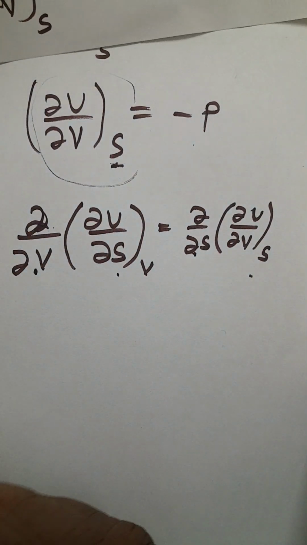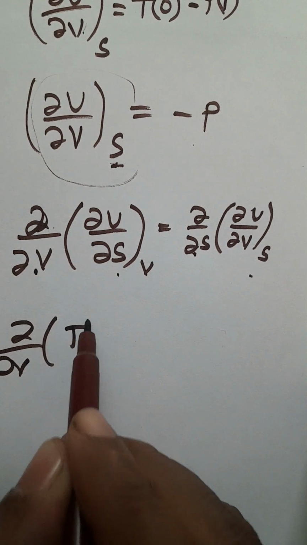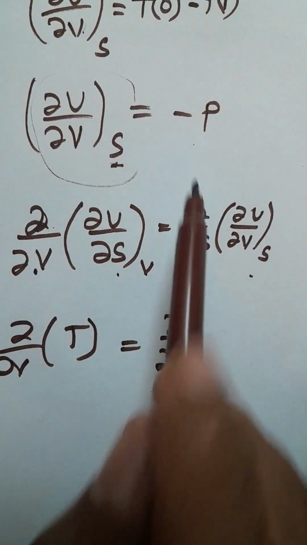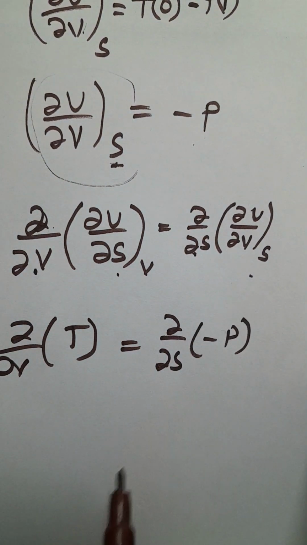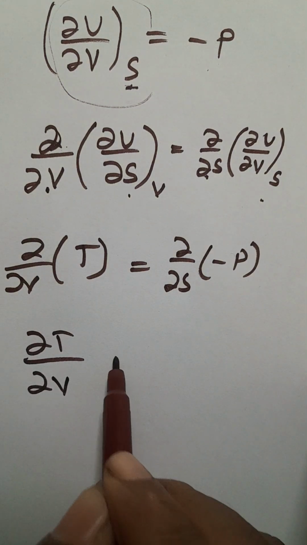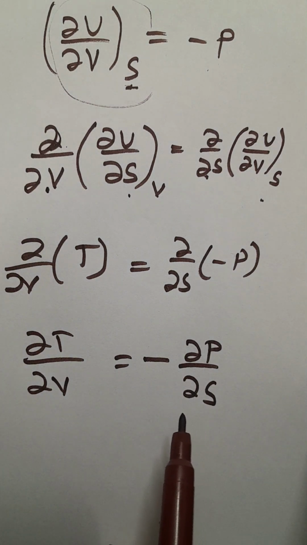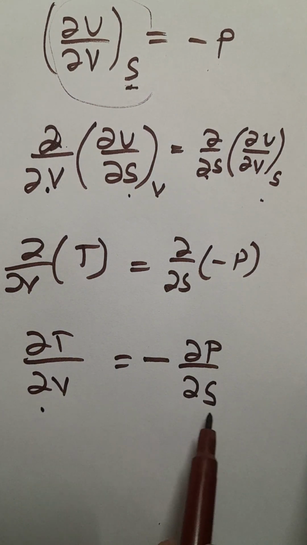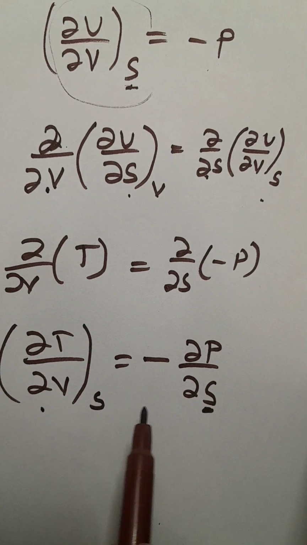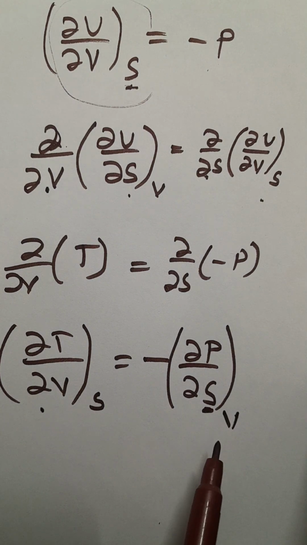Therefore we write ∂/∂V of T equal to ∂/∂S of this one, which is nothing but minus P. So always remember, ∂T/∂V equals minus ∂P/∂S. Here one is at constant entropy, and the other is at constant volume.